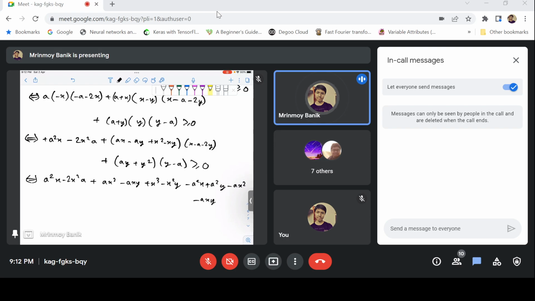Last one is 2y. So 2y, 2axy, 2ay squared, 2x squared y, 2xy squared.